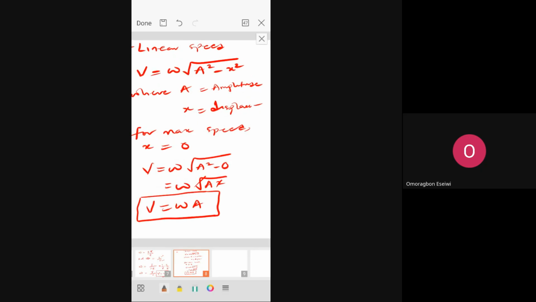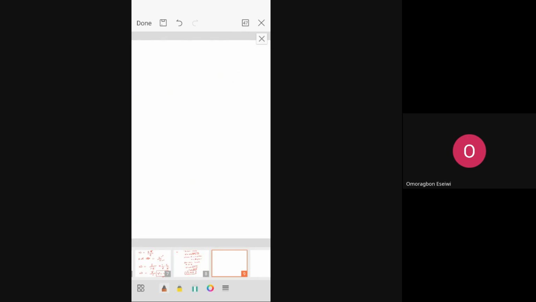All right, so that is it for the linear speed. Now, the next thing we'll do is the linear acceleration. What is linear acceleration? It is the rate of change of linear velocity.